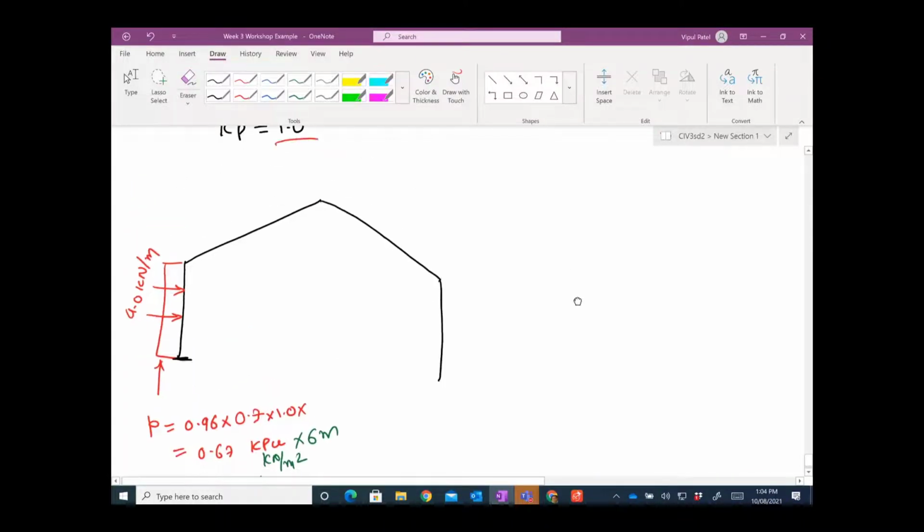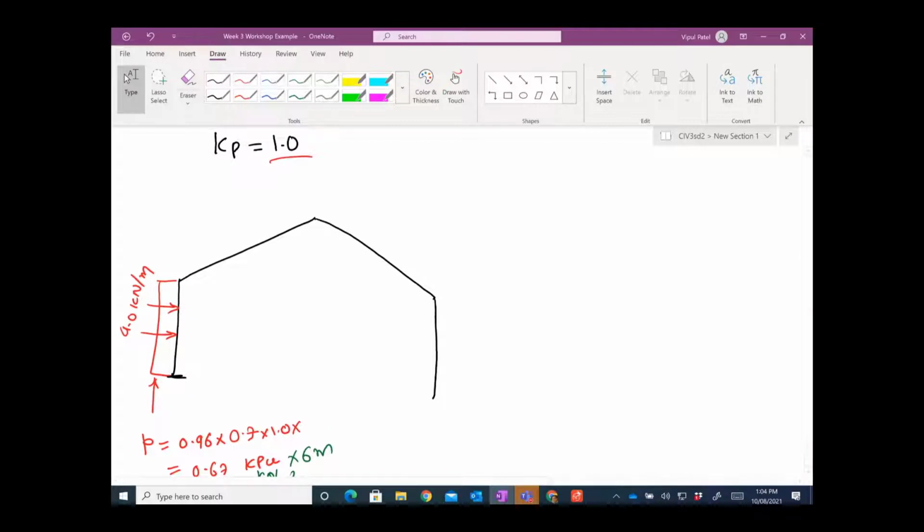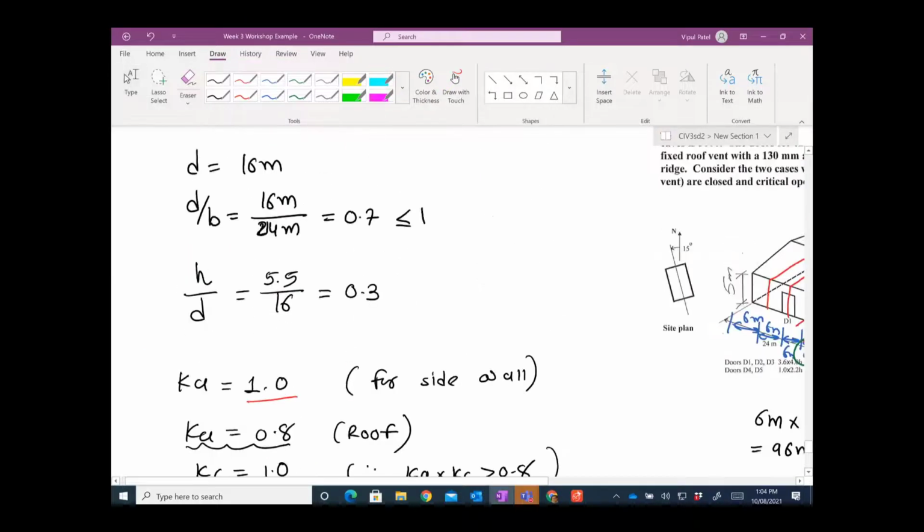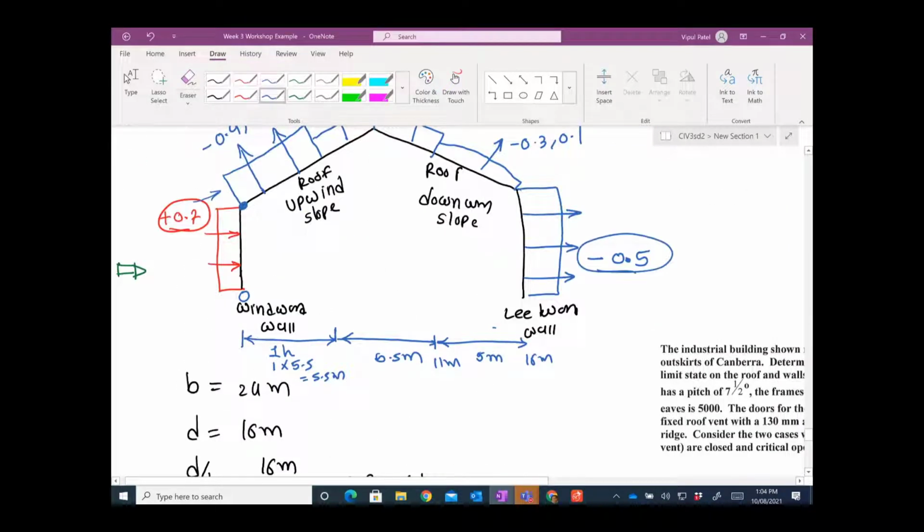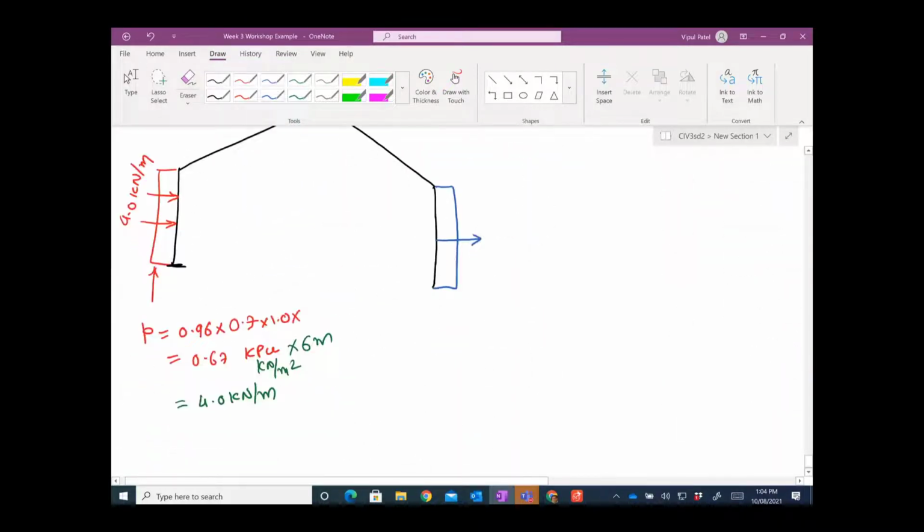Now we have the other pressure. I'm not putting negative or positive, I'm just going to put the arrows. Now this one we have minus 0.5. Everything else is the same here. So pressure equals 0.96 times minus 0.5.